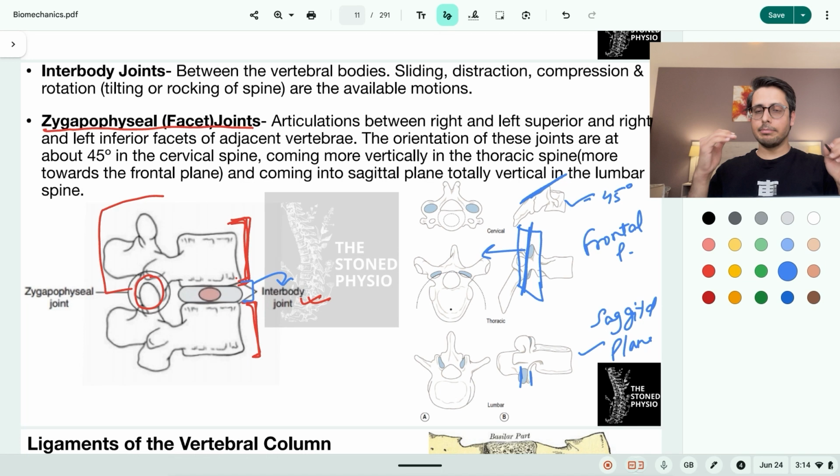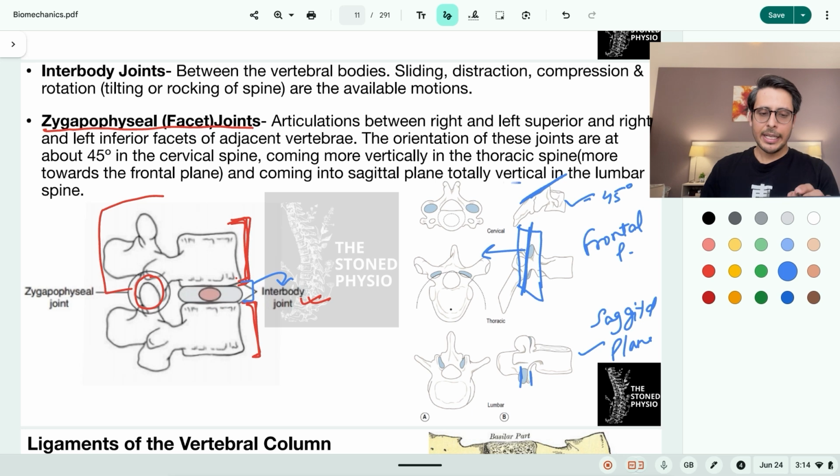So again, if I conclude the whole thing, the angulation of the facets in the thoracic spine faces mostly forward, mostly in line with the frontal plane. In the lumbar spine, the facets face each other, mostly in line with the sagittal plane, and in the cervical spine, it's mostly at 45 degrees like this.